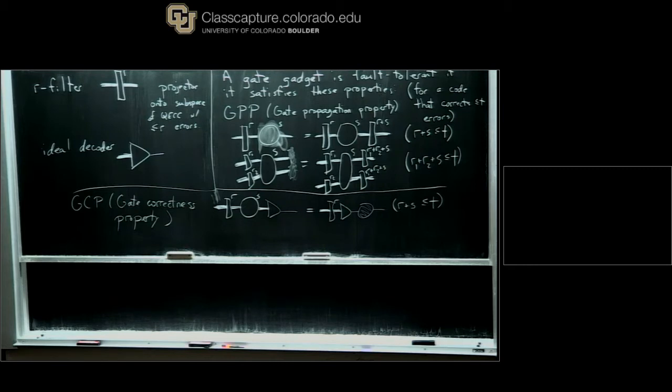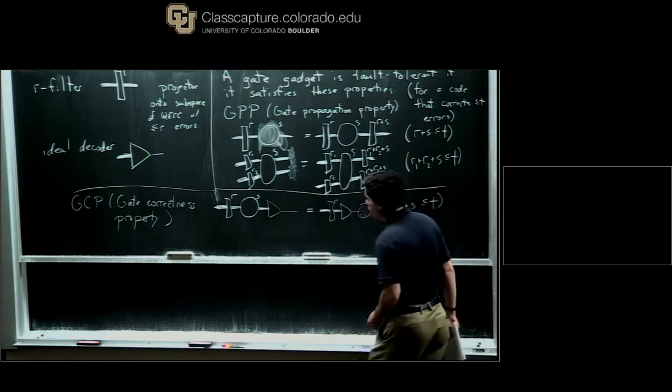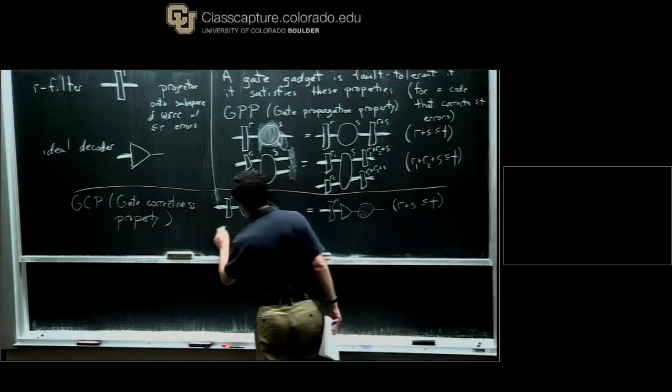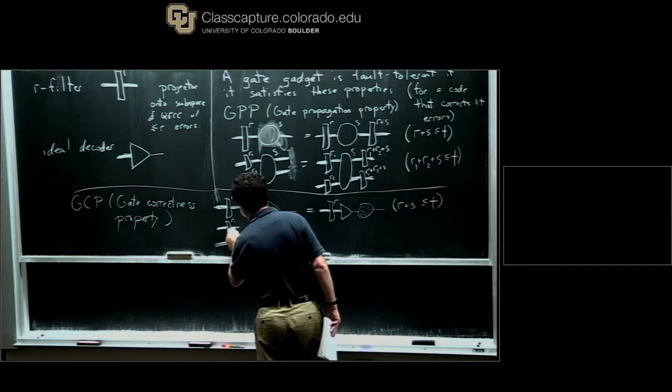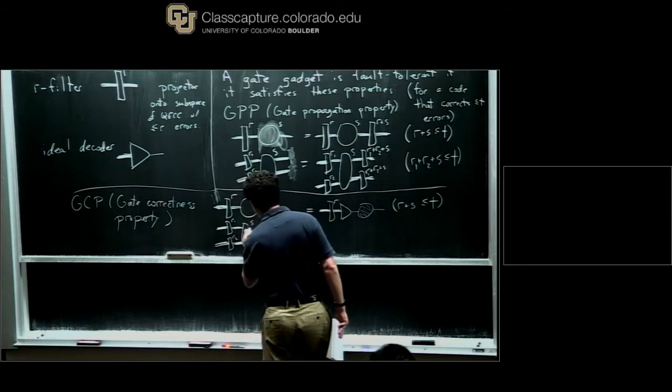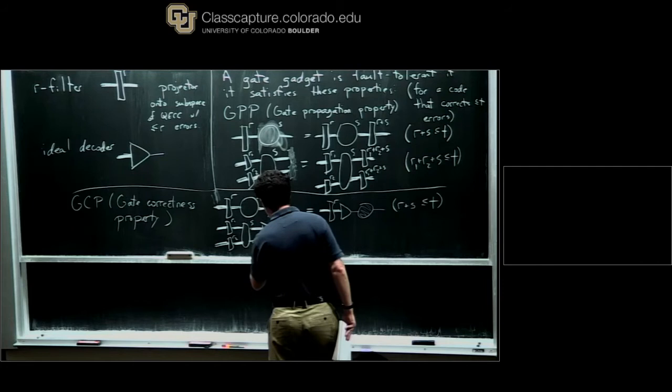Of course, there's also a 2-qubit, 2-block version of this, which I'm going to try to squeeze in down here. So again, we have R1, R2, the gate with S, and then we do ideal decoders on both of them.